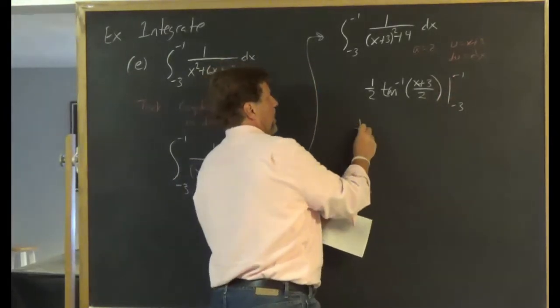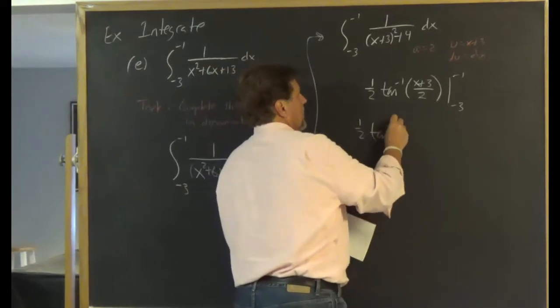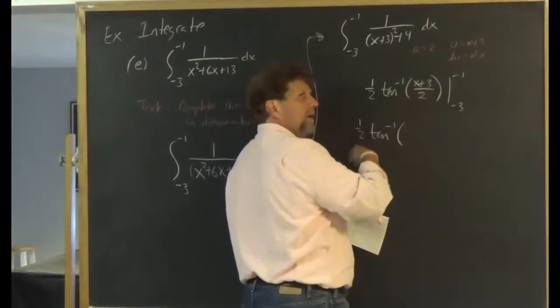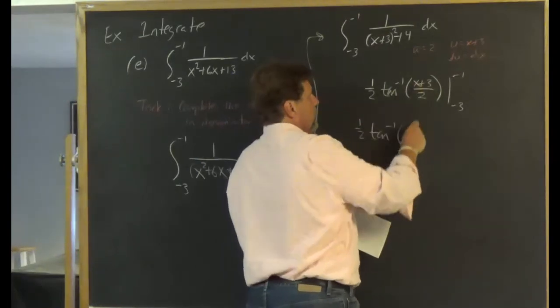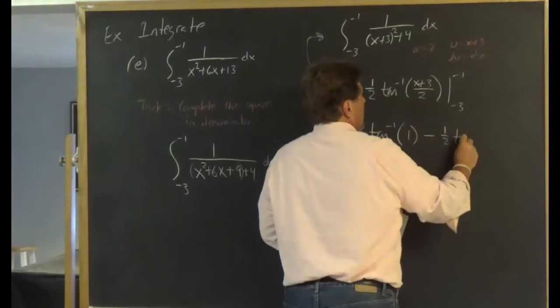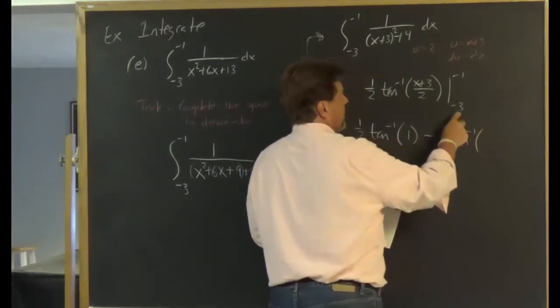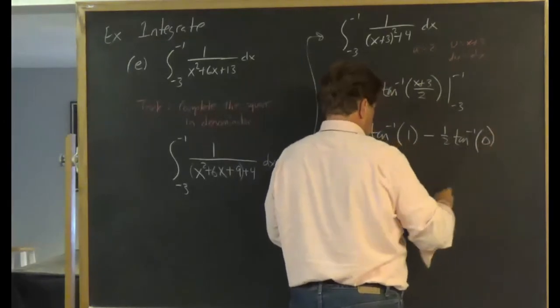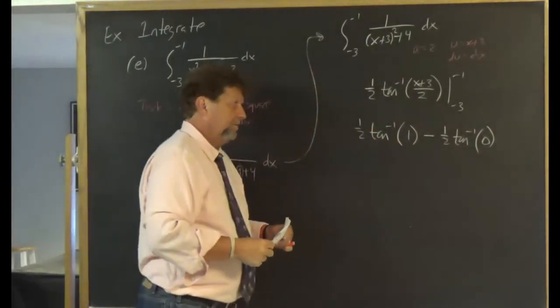So I would have 1/2 inverse tangent of, okay, -1 plus 3 is 2, and 2 over 2 is 1, minus inverse tangent of, okay, -3 comes in, and that's just 0. Well, that's pretty friendly.